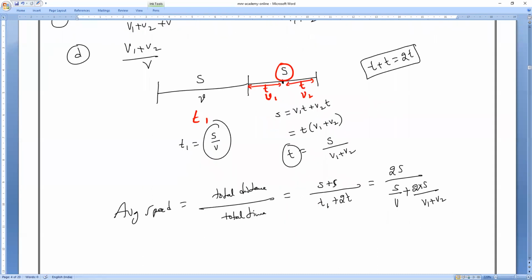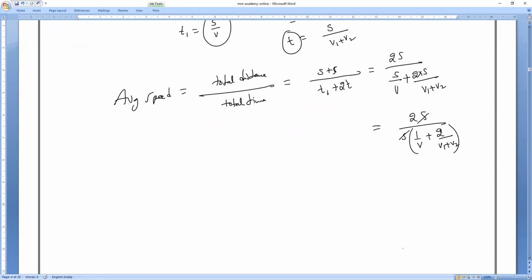In both, s is common, so I will take s outside. What is remaining? 1 by v plus 2 divided by v1 plus v2. So s gets cancelled. What is remaining is 2 divided by 1 by v plus 2 divided by v1 plus v2.